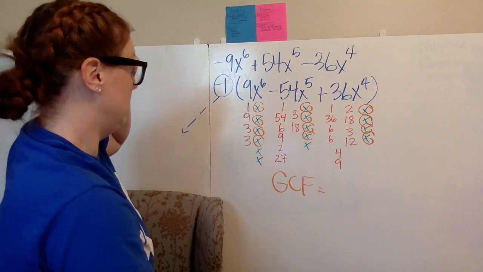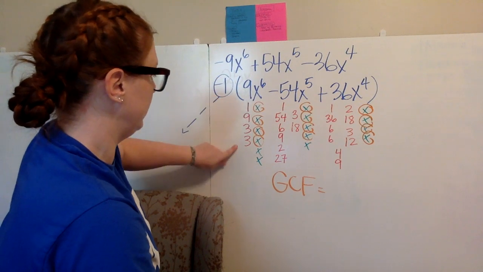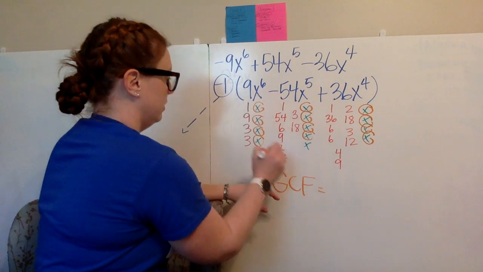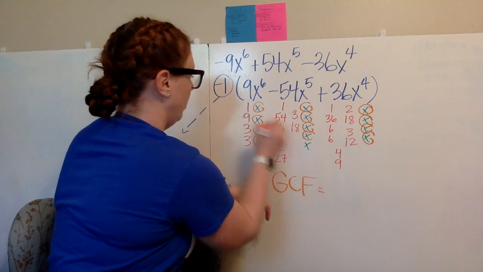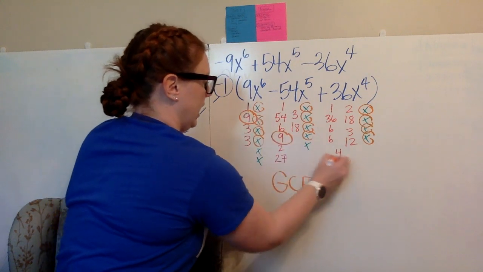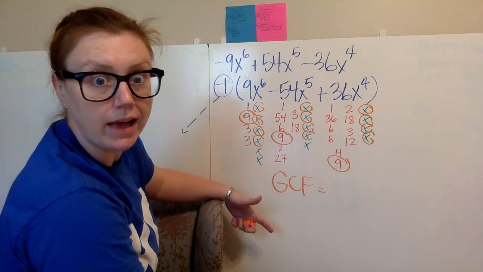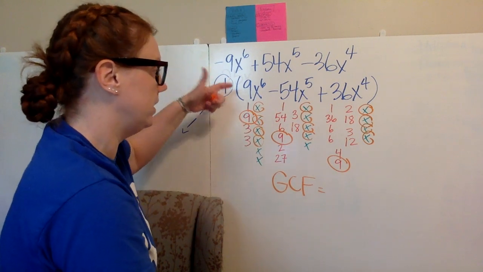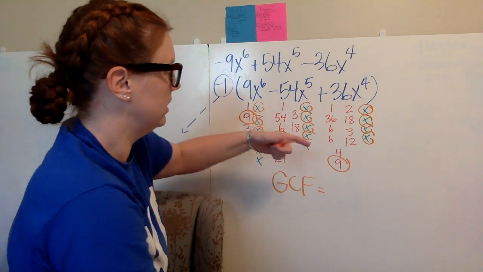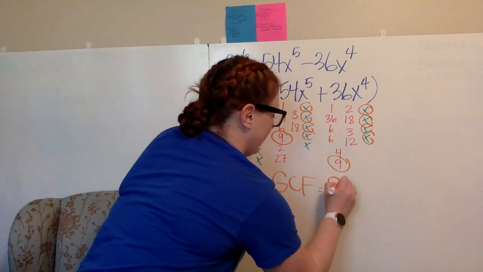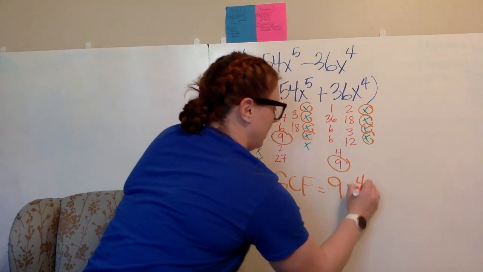And what's the greatest number that they all share? The biggest number here is 9, and they all share a 9. Let's double check: do they share anything bigger? No. So their greatest common factor is 9x to the 4th.